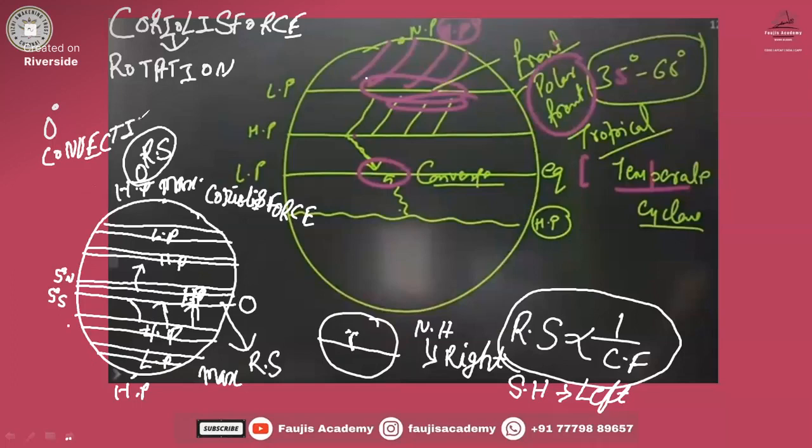How is that convectional rainfall happening? You would have studied the convectional current in the previous classes. Solar radiation heats this surface directly, and because of heating, there is a circulation of air.